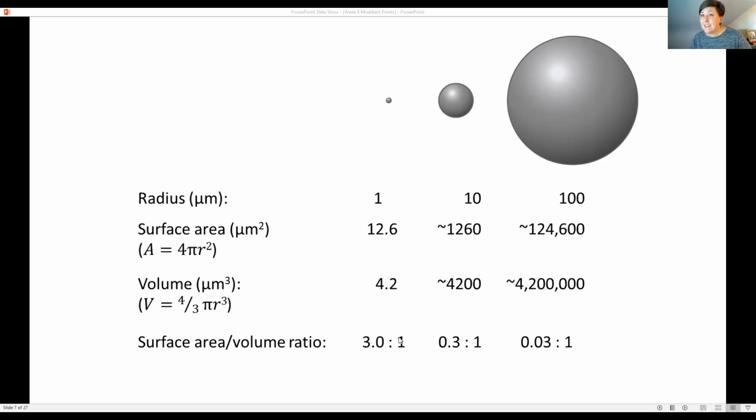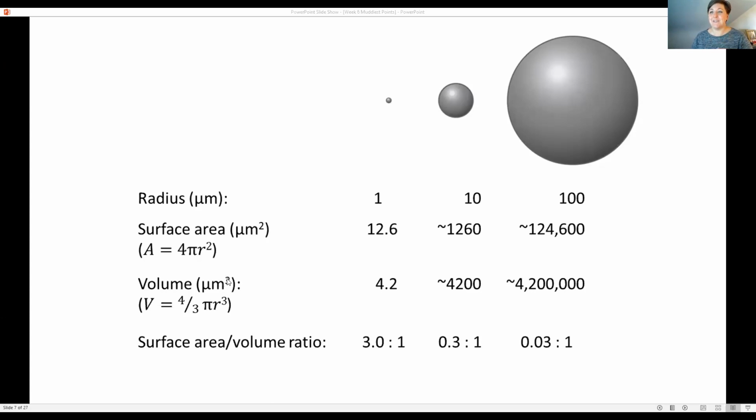So it has 3 times as much surface area or membrane compared to the amount of cytosol. This means that the cytosol and the metabolism that occurs in that cytosol has tons of membrane to import nutrients, export waste, etc.